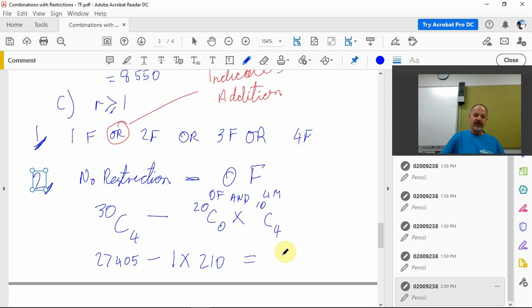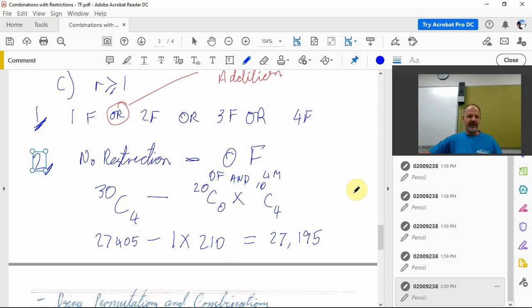And so when you work that out, you get 27,195 different committees that you could choose if there was at least one female in that committee.